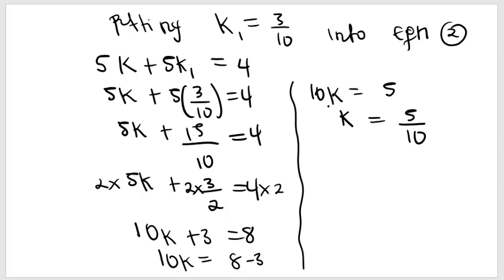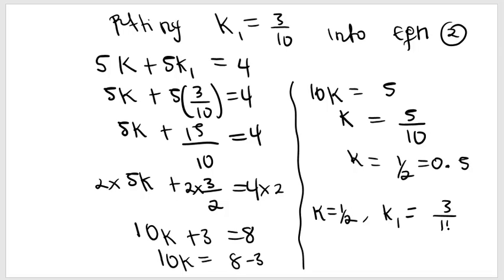That is, you are going to divide both sides by the 10. And this is equal to 1 over 2, which is the same as 0.5. So now we have our value for k to be equal to 1 over 2, and then k1 to be equal to 3 over 10.